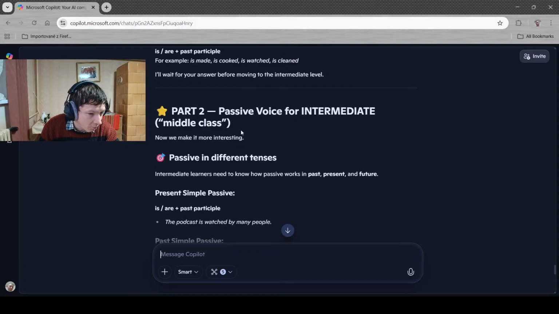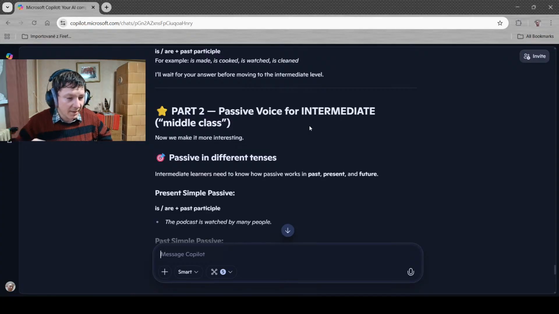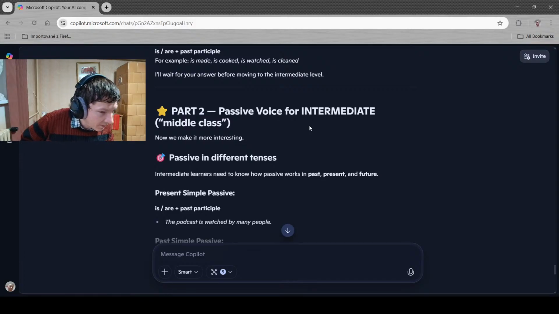Part 2. Passive voice for intermediate middle class level. Now we make it more interesting. Passive in different tenses. Intermediate learners need to know how passive works in past, present, and future.